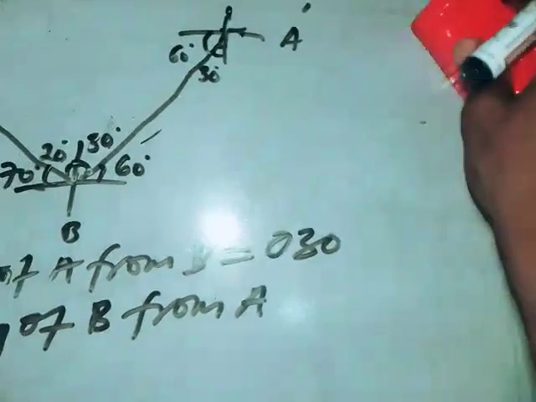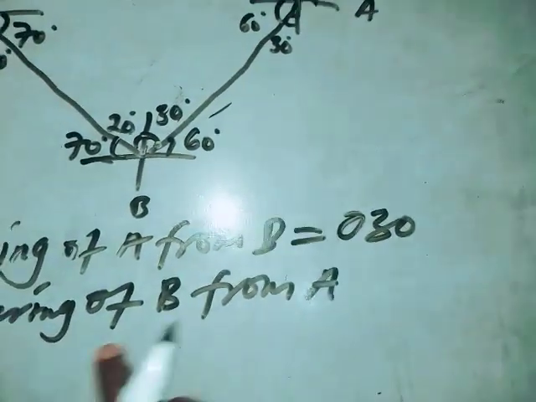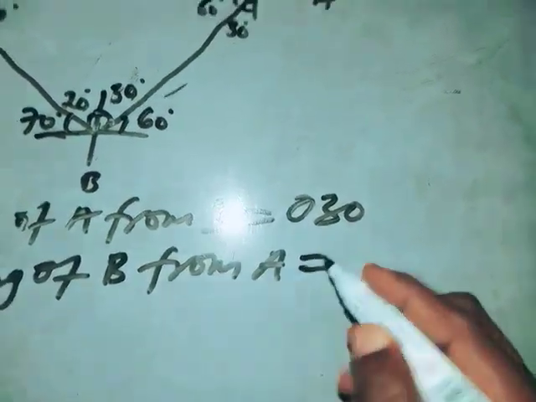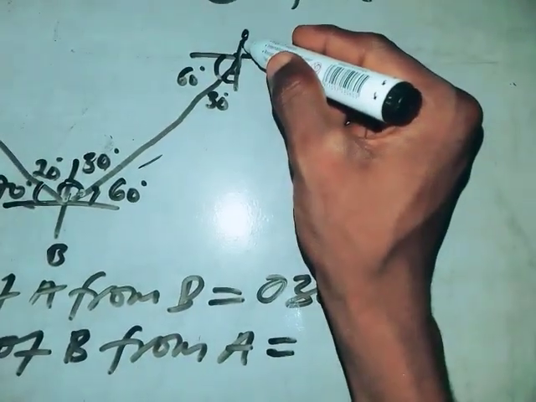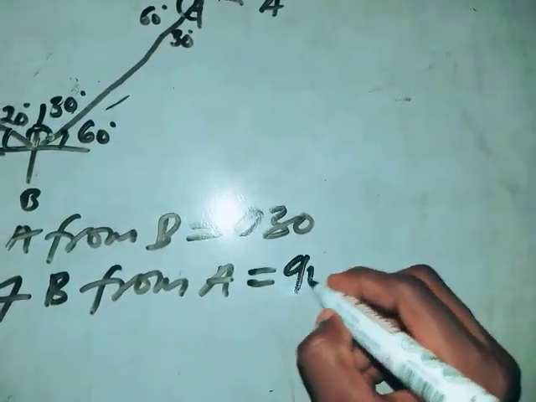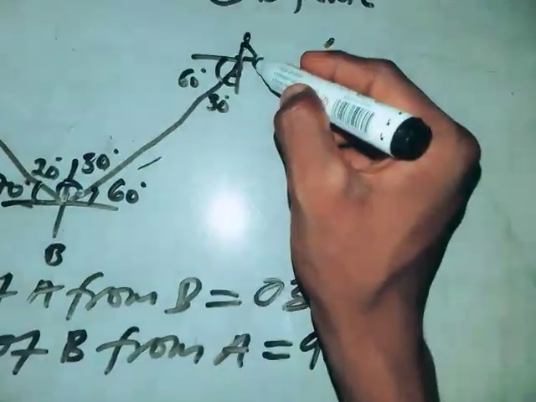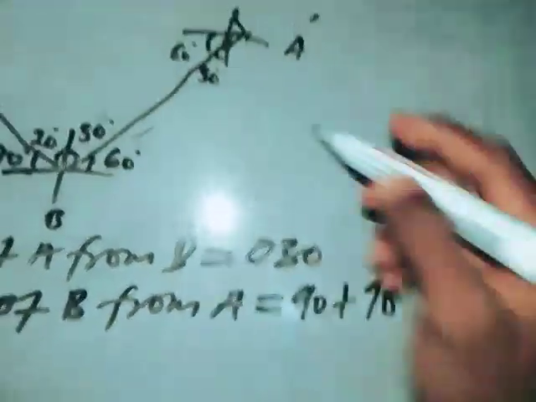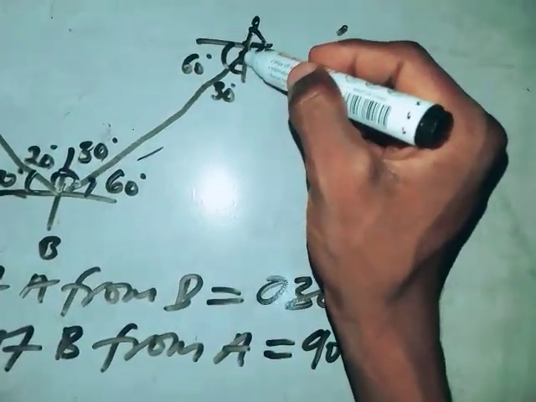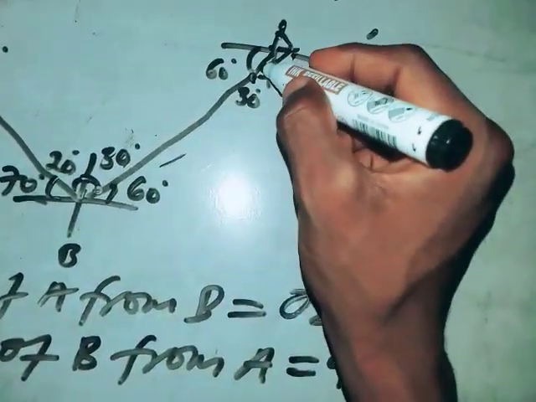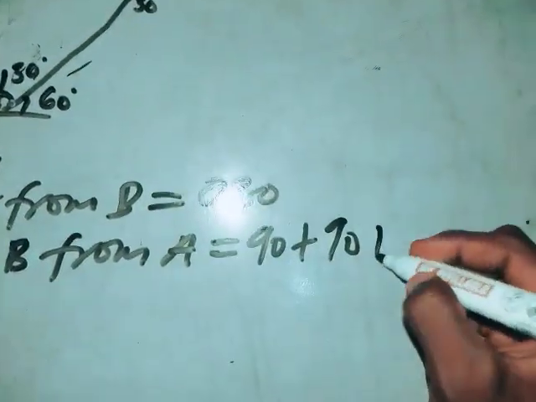So the solution here will be the bearings of B from A will be equal to, when you draw the face from the North Pole, this place, the first point was 90, so you write here 90 plus, you draw it again from here to this place, it was 90, so you put here 90. So you draw it and stop from this point where the point is joining from point A to point B, and this angle was given as 30, so you write here plus 30.